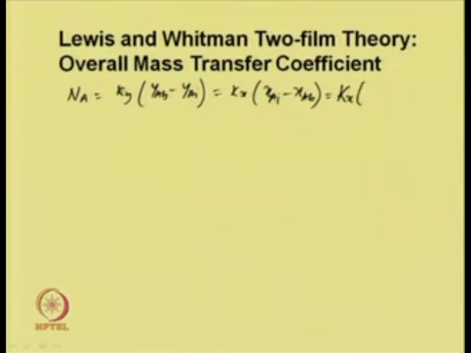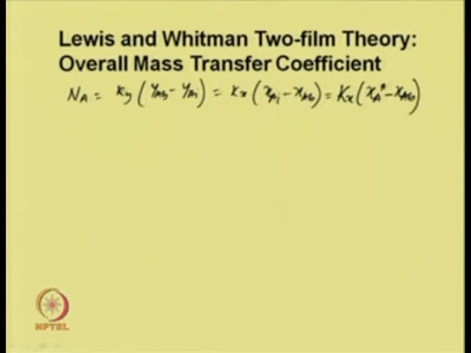In a similar fashion, we can write N_A is equal to k_y (y_Ab minus y_AI), equal to k_x (x_AI minus x_Ab), equal to capital K_x (x_A star minus x_Ab).